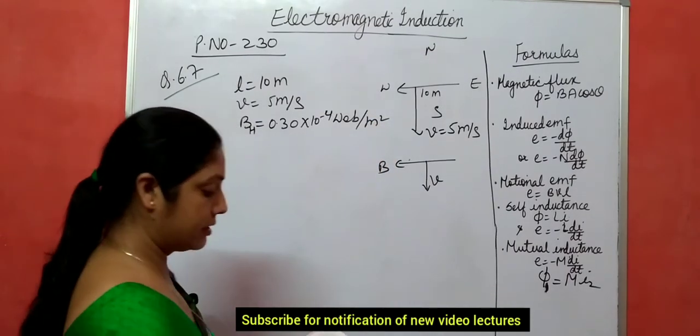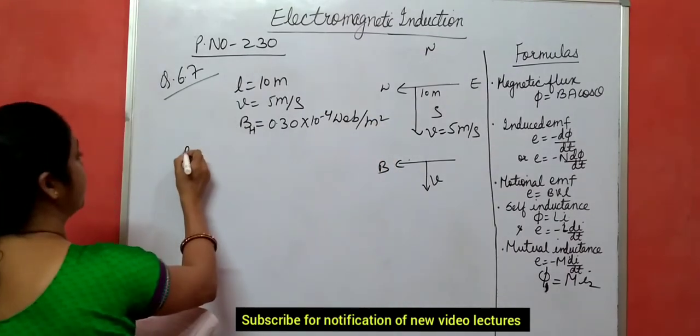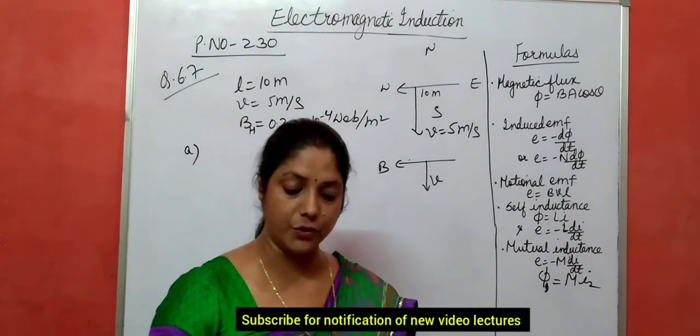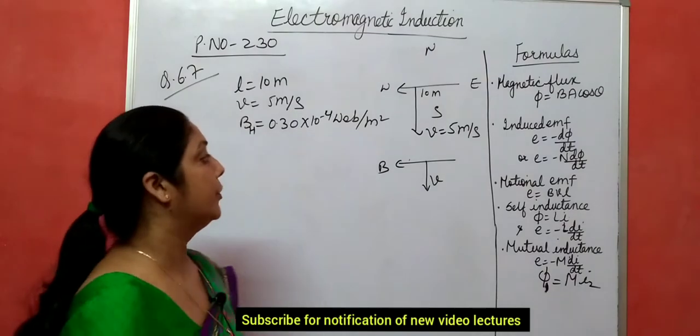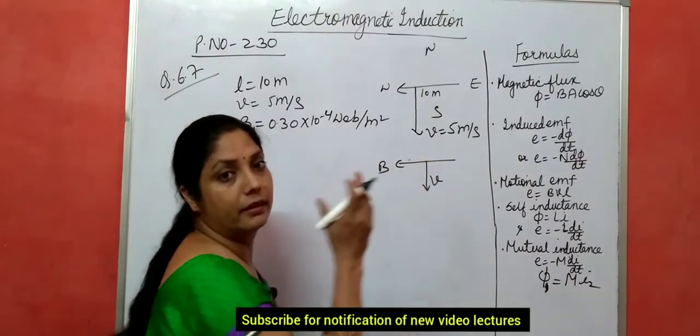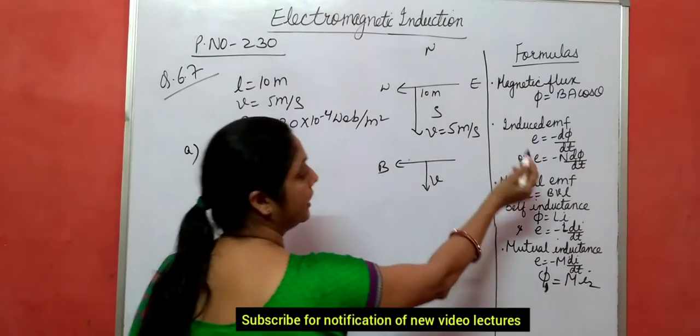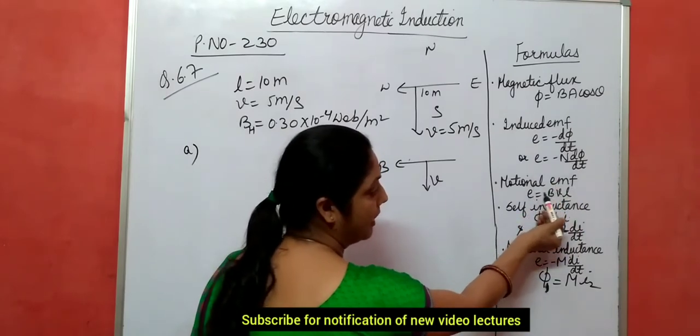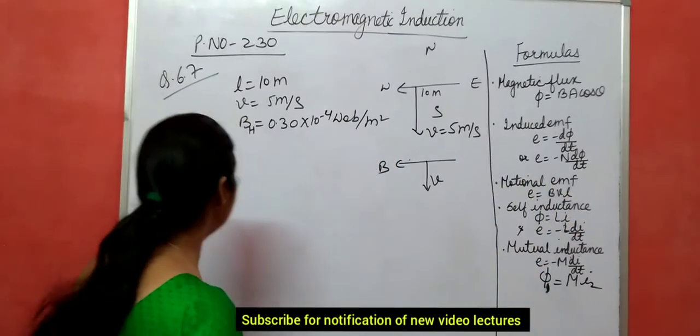Now there are three parts in this question. First part is, what is the instantaneous value of induced EMF in the wire? Due to the motion of this wire, you know that motional EMF is induced across the ends of the wire. It is given by E equal to BVL.